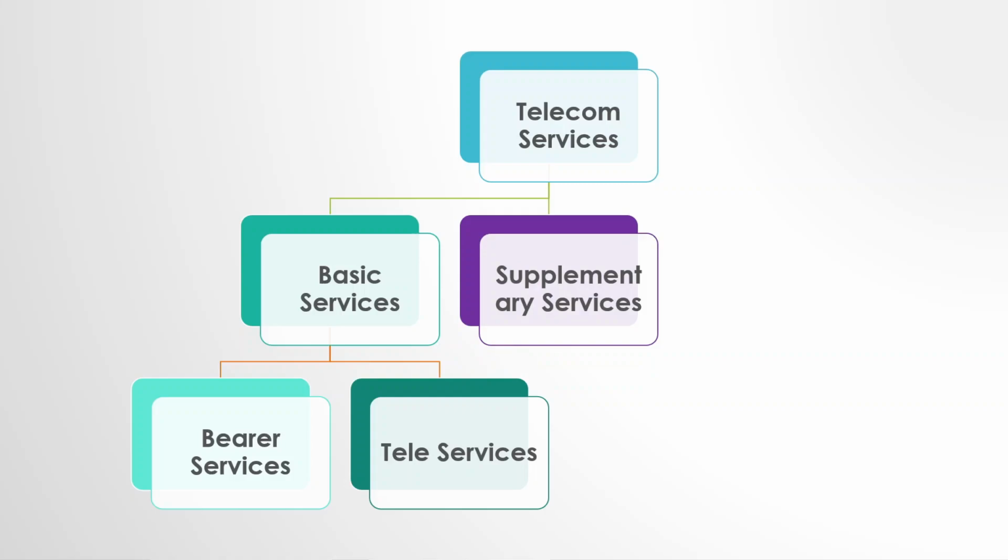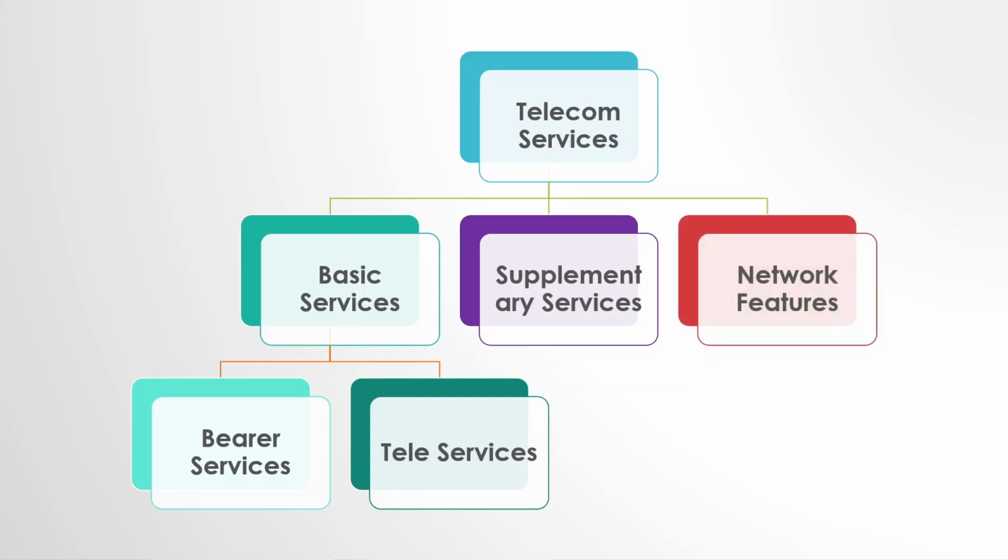Supplementary services, which modify or supplement a basic telecommunication service. Network features further help either in providing additional or advanced telecommunication services to the users, or helps in effectively managing and protecting the networks from potential fraud, abuse, etc.